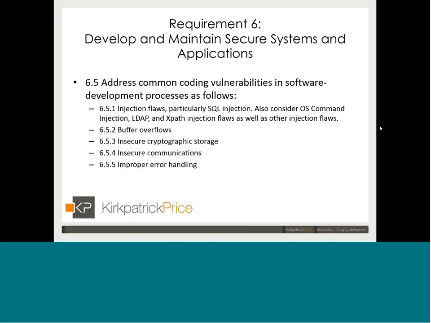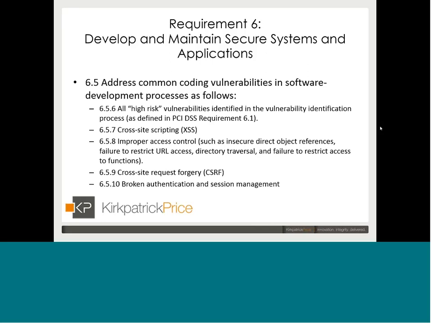Okay, this next slide shows some other coding vulnerabilities that need to be addressed, such as cross-site scripting and cross-site request forgery. Steve, do you have any comments about these coding vulnerabilities? Well, those are most directly related to web applications. You find some great information on OWASP.org about how to code in defense of those weaknesses.